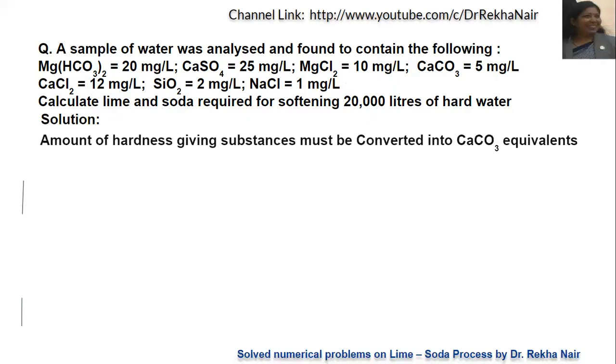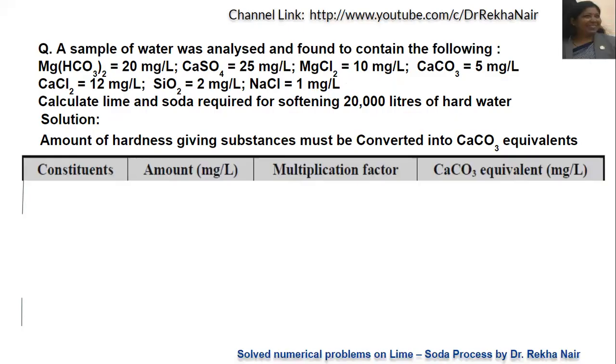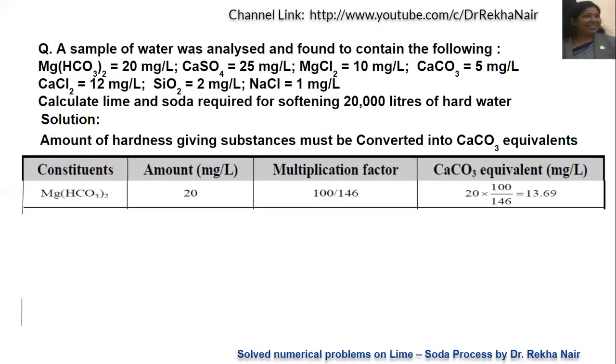At first, we need to calculate the amount in terms of calcium carbonate equivalent. For that, we have been given magnesium bicarbonate 20 milligram per liter. So I have written magnesium bicarbonate 20 milligram per liter as the given amount.